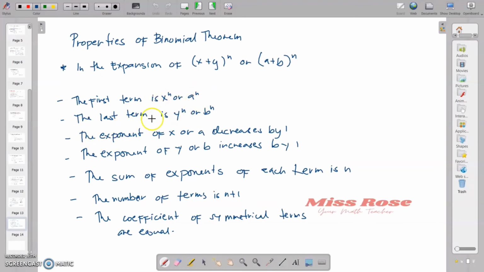The last term would be y raised to n, or if the variable is b, b raised to n. The exponent of x or a decreases by 1, then the exponent of y or b increases by 1. The sum of the exponents of each term is n. The number of terms is n plus 1. The coefficients of symmetrical terms are equal. So those are the properties that we need to remember.